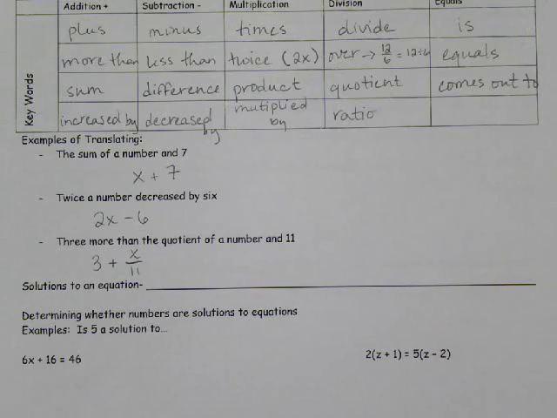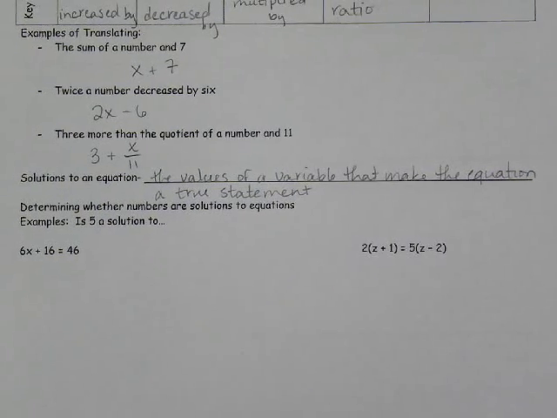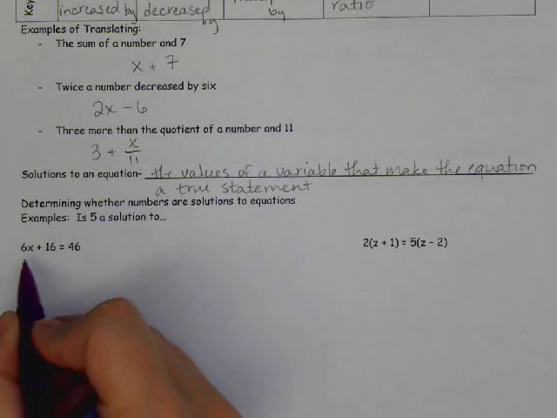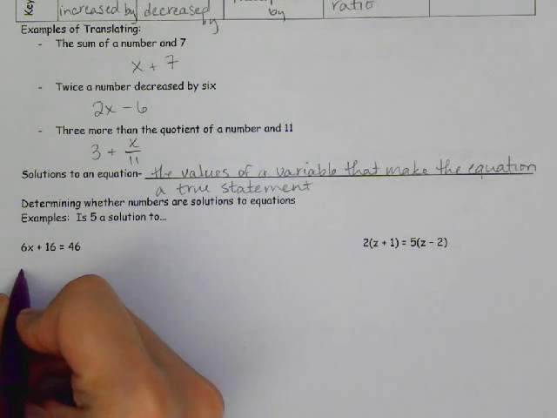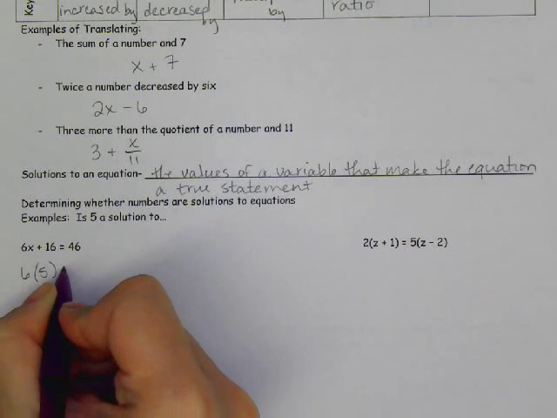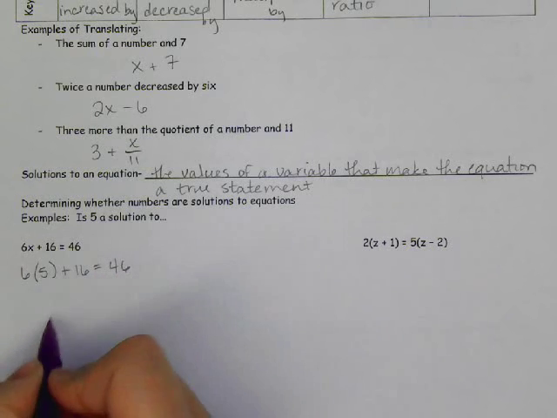So a solution to an equation is the value or values of the variable that make the equation a true statement. On our last two examples here, we are determining if 5 is a solution to those two separate equations. So I'm going to take 5 and substitute it in for x. So I have 6 times 5, bring down the plus 16, equals 46.